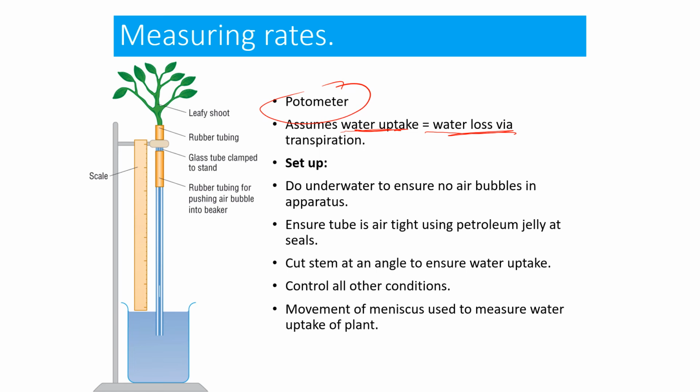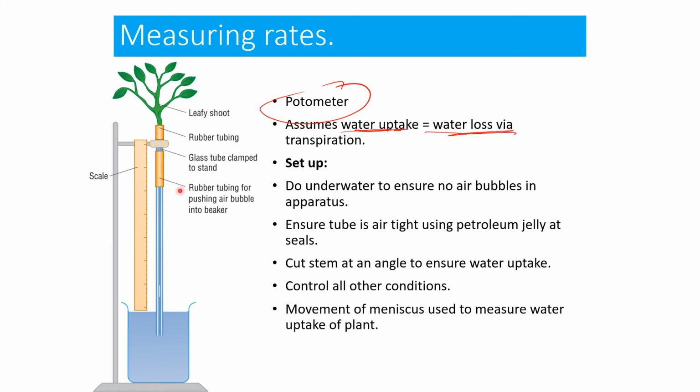So how this works effectively is you place your plant into a capillary tube, and that capillary tubing will have Vaseline or some sort of petroleum jelly attached to it to stop any air getting into that gap. You then set this up next to something you can measure a scale with, so a ruler, and you can calculate the diameter of that tubing.